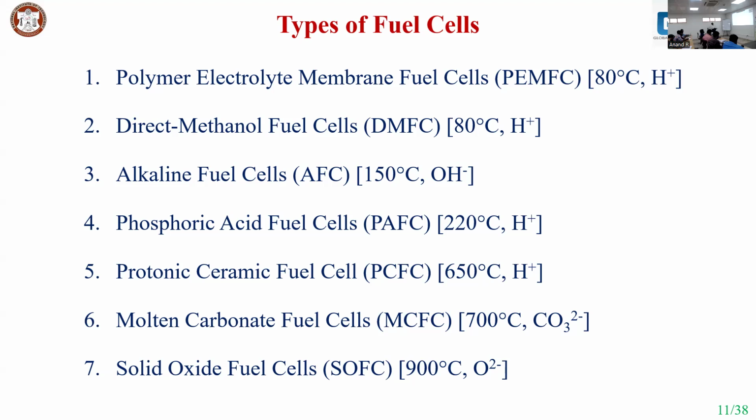When you increase the temperature, the energy conversion and fuel cell efficiency increase enormously, and the current density is also high. But at high temperature, the cost of procuring the different components associated with the fuel cell also increases. So you need to compromise between power and cost.